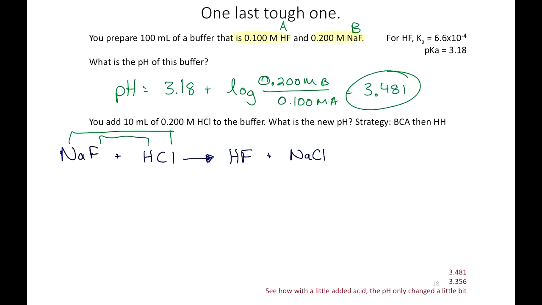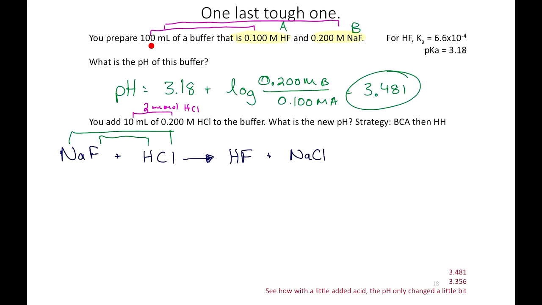So let's look at all of the numbers here, and it's probably best if we work in millimoles. So 10 times 0.2 molarity HCl. How many millimoles of strong acid do I have? 2 millimoles of HCl. Perfect. So I also have to do the acid and the base.